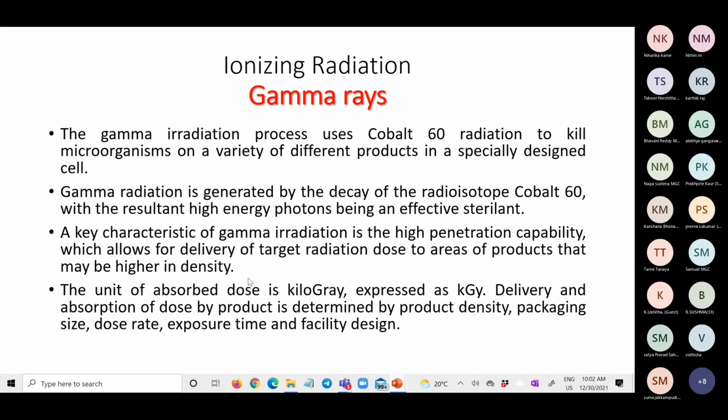Okay. Now this is the unit in which we express the radiation dose. What are the different factors, like density, size, dose rate, exposure time, and facility design? The sterilization will depend on these factors.